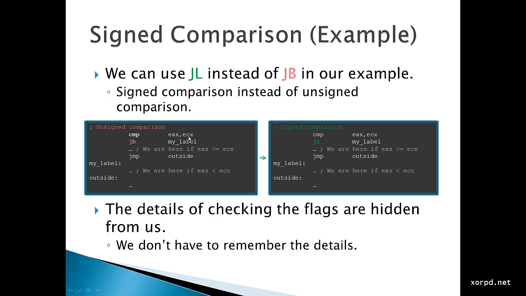If we somehow decided, for some reason, to change this comparison to be a signed comparison, or a comparison between two signed numbers, it would be pretty easy to change. We just have to change this instruction, jump below, to this instruction, jump less.